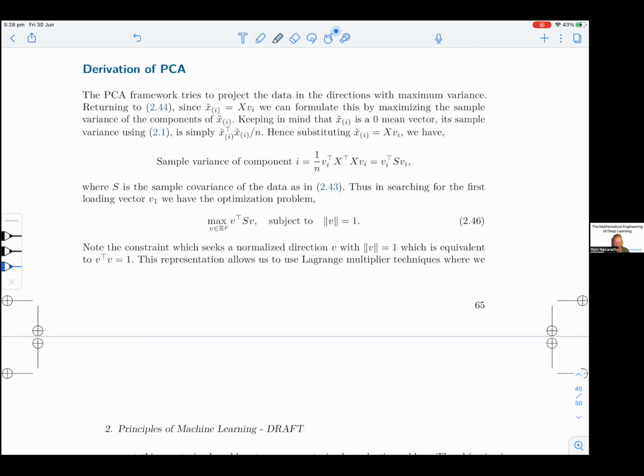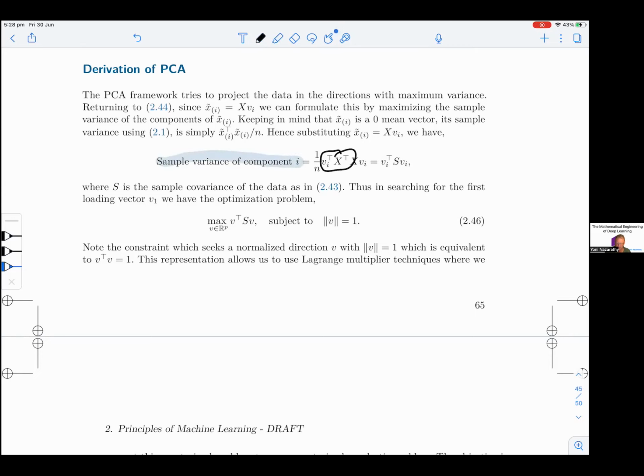Hence, substituting X tilde I equaling X VI, the sample variance of component I is now going to be, you got this nice thing where you do a transpose and you flip the order, okay? And hence we got this sandwich on the Gram matrix here.